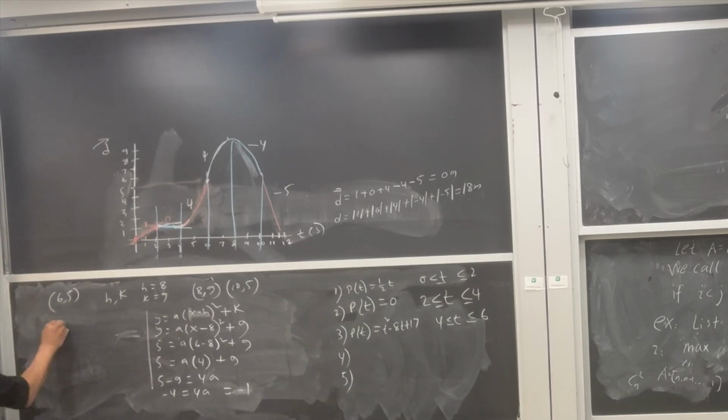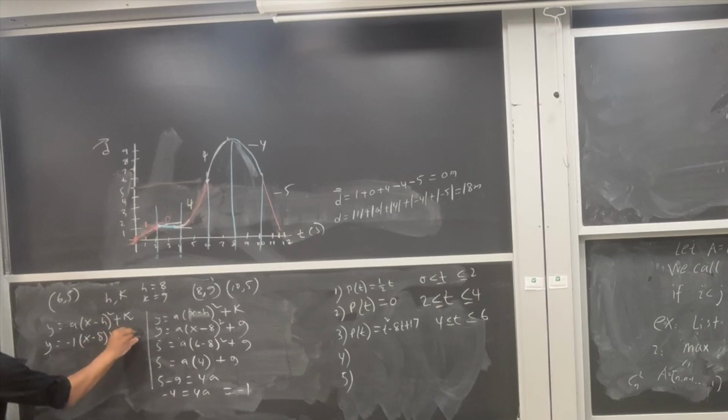So y is equal to a times x minus h squared plus k, right? Okay, so then we're going to write y is equal to negative 1 times x minus 8 squared plus 9. We're going to write it in that format.